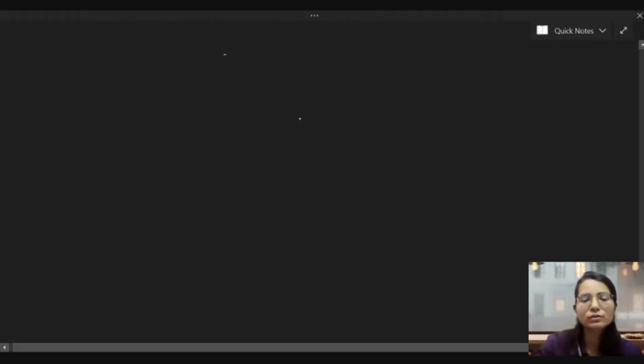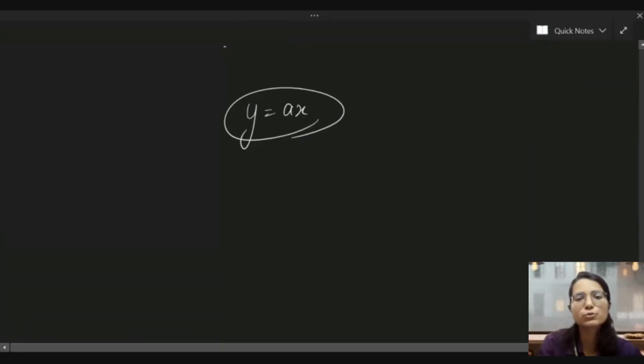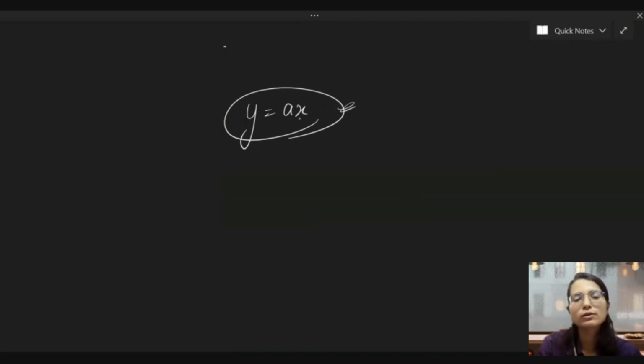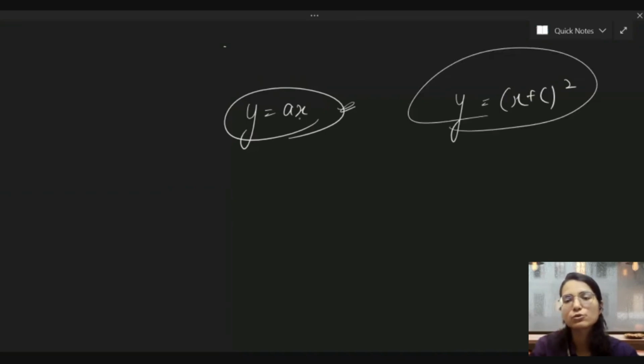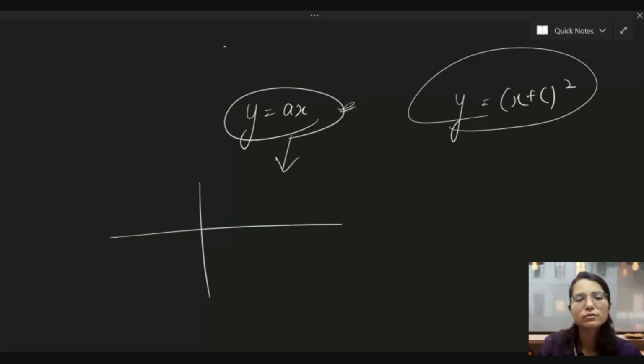To get the domain of the curves, it's so easy. See, whatever the curve is, y is equal to ax. How do you draw these families of curves? For example, you have this family of curves. Sometimes you have this parabola kind of thing, y is equal to x plus c, the whole square. So how do you draw these families of curves? You take every line passing through the origin.